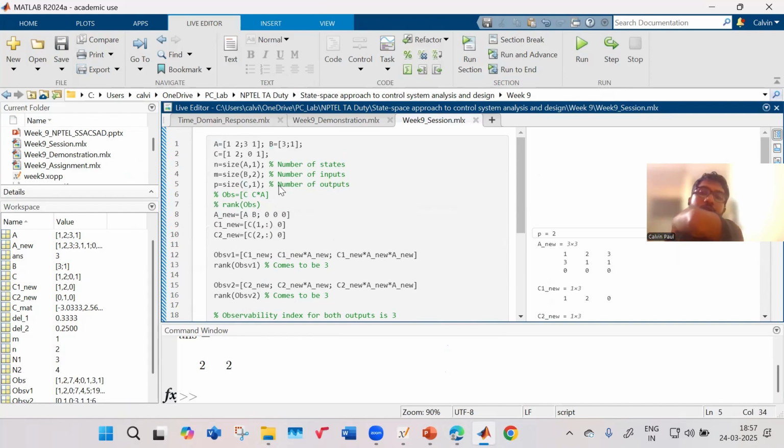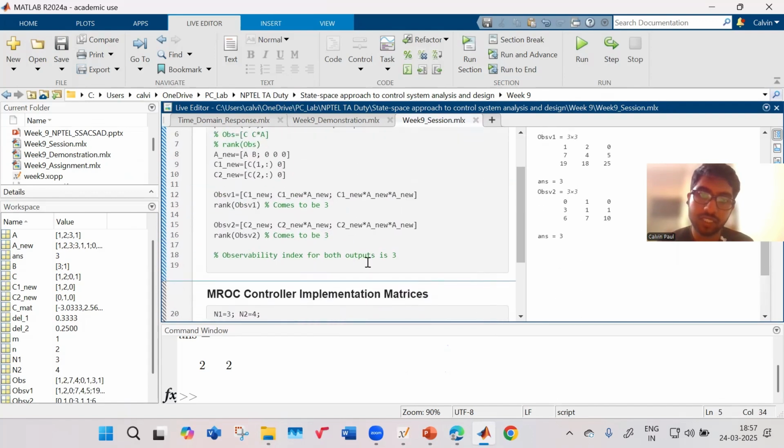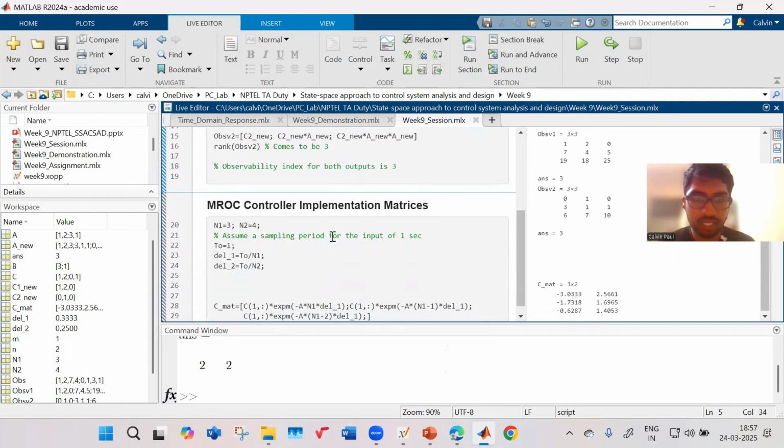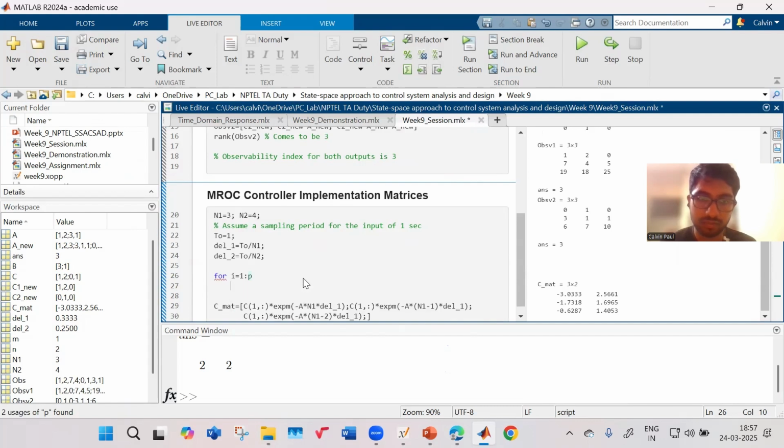Okay. So now we have n, m, and p. Now we have to find the C matrix. So we have n1, we have n2. So i will go from 1 to 2. Okay.